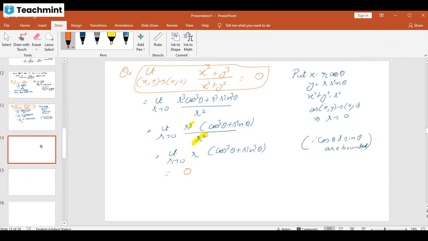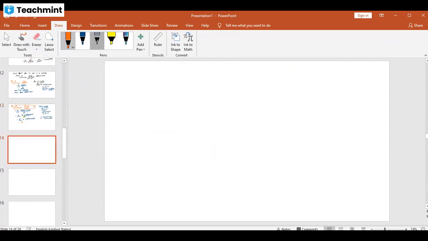Let us see. Suppose I consider another example. Question: limit as (x, y) approaches (0, 0) of (x square plus y square) upon (x plus y).